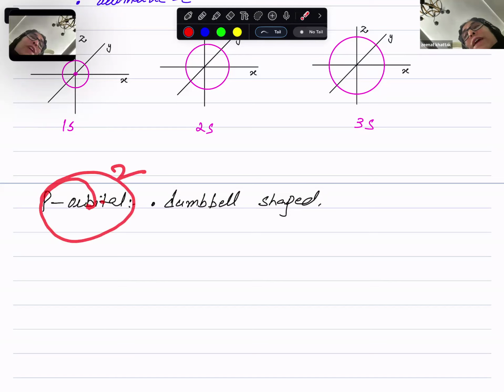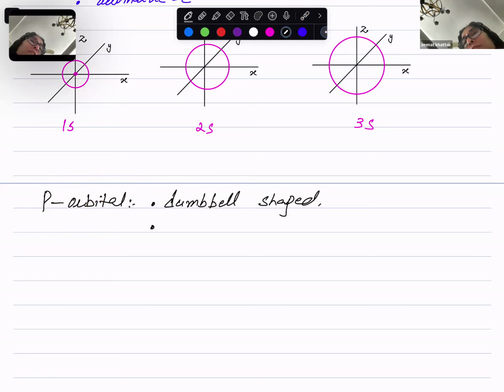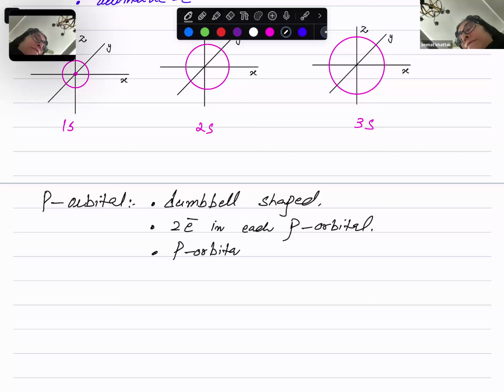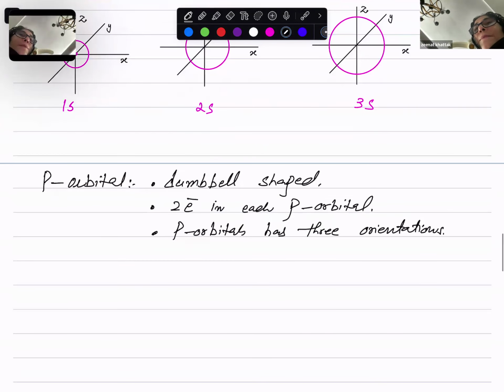The orbital has a 2 electron capacity. The dumbbell shaped orbital has a capacity of 2 electrons in each p orbital. The p orbitals have 3 orientations.